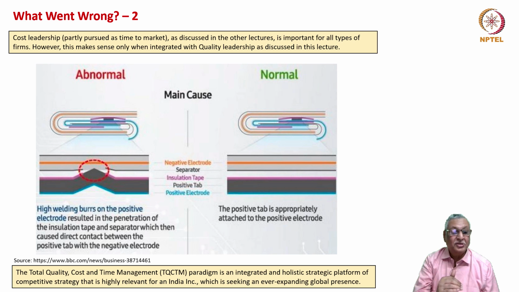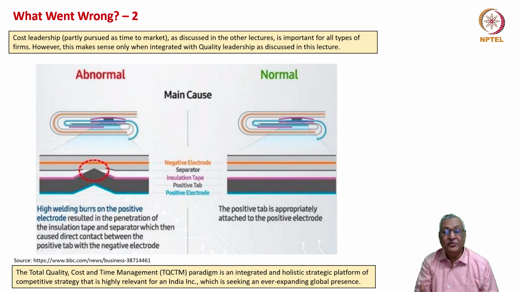High welding burrs on the positive electrode resulted in the penetration of the insulation tape and separator, and this caused direct contact between the positive tab with the negative electrode. This was discovered after more detailed analysis, and this was the main cause, not just the battery by any manufacturer. The main cause was this: negative electrode, separator, insulation tape, positive tab, positive electrode can be seen in these diagrams.